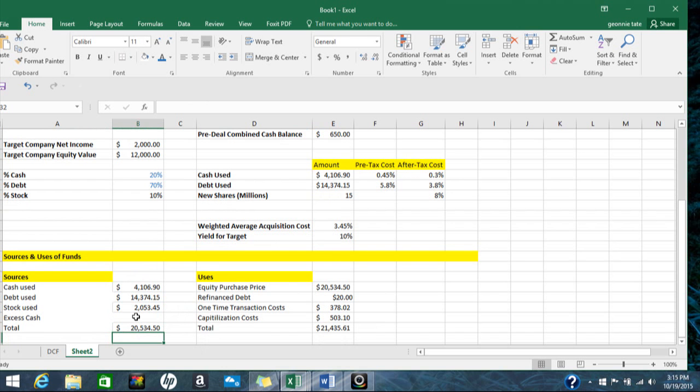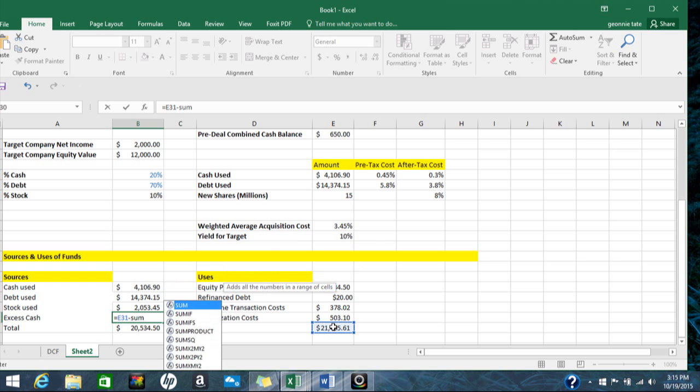To calculate this, first we needed to calculate the total for the uses, as you've seen already. So we're going to get this total over here for the uses. We're going to subtract the sum of the previous items that I listed on the sources here, down to the third one.